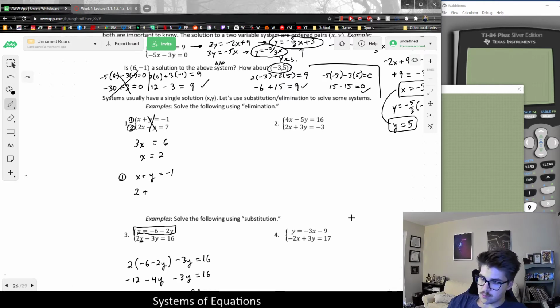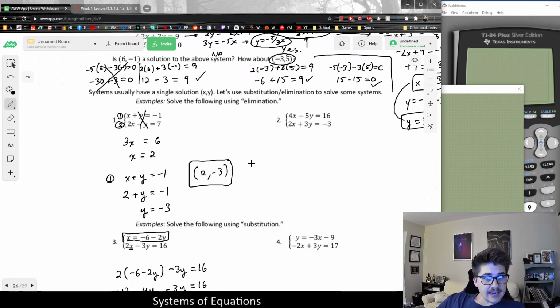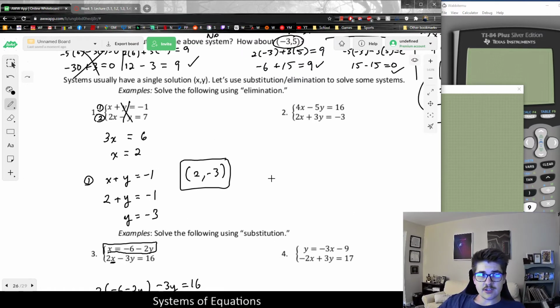When we back substitute 2 here, we get 2 plus y is equal to -1. If I subtract 2 from both sides, I'm left with y is equal to -3. Again, I get my answer to my system by elimination.